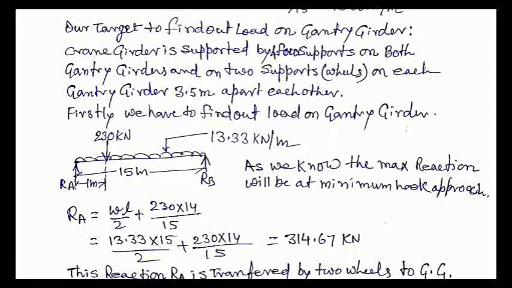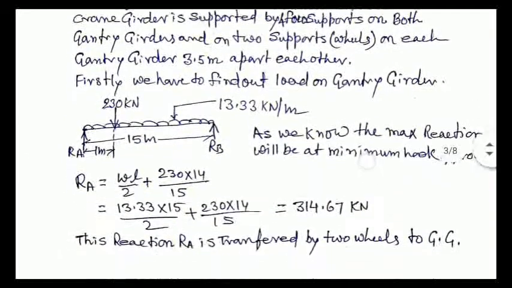Crane girder is supported by four wheels, four supports on both gantry girders, and two wheels on each gantry girder. The distance between the two wheels is 3.5 meter.